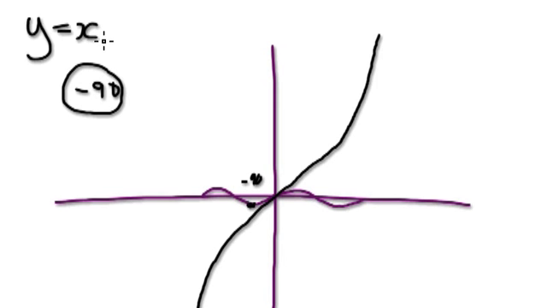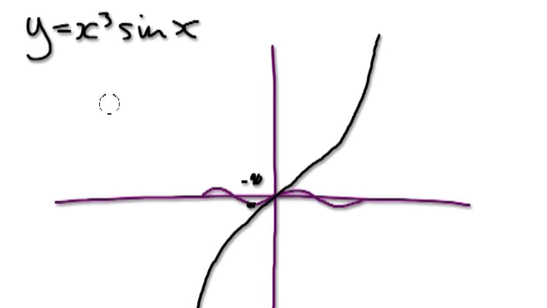At negative 90, when you are doing y equals x to the power of 3 sine of x, the sine part here would be negative 1.